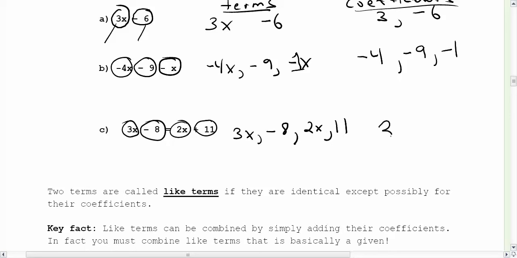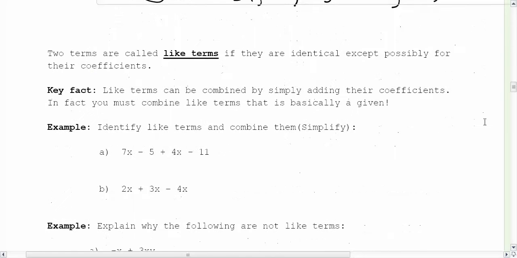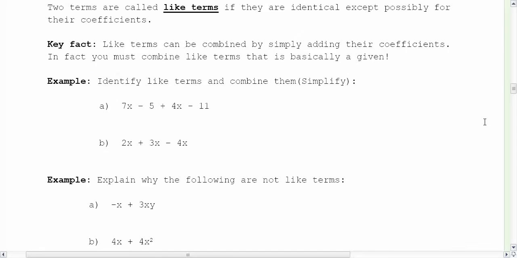The coefficients are just the numbers: 3, minus 8, 2, and 11. So you need to make sure you understand how to identify the terms and how to identify what the coefficients are. Always associate the sign with the number to the right. That's a given.